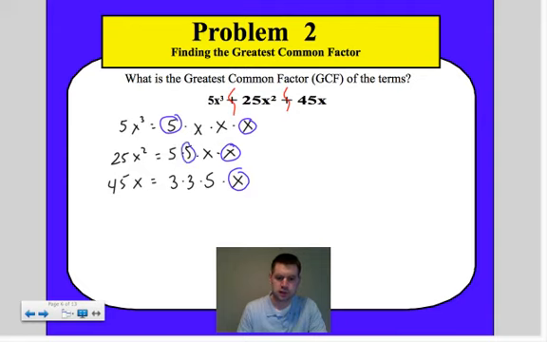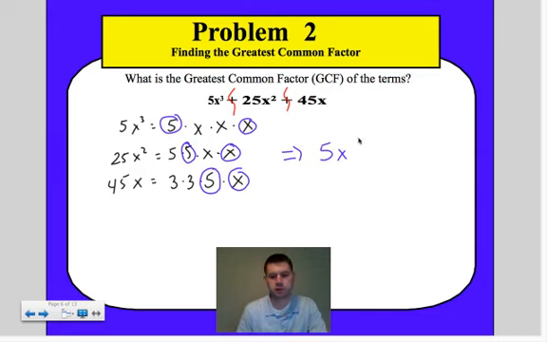They have 5s in common. This one has another 5, but this one doesn't and this one doesn't. This one has two 3s, but none of these up here have 3s. So it's only the largest amount they have in common. When I write this out, what they have in common is a 5 and an x. So the greatest common factor of each of those terms is 5x.